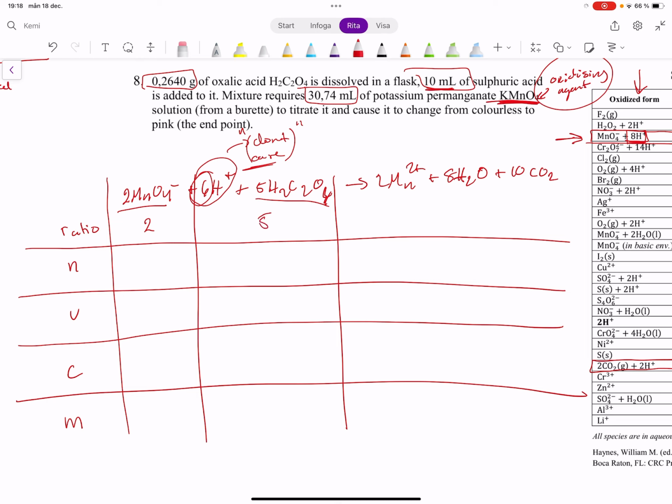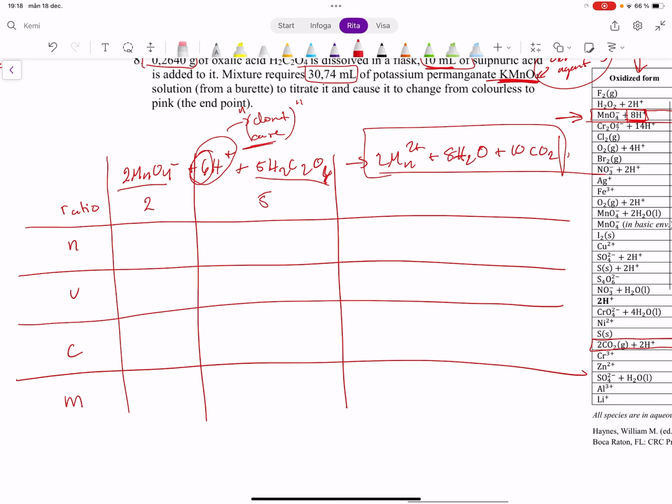We care about this ratio. So it's a 2:5 ratio between potassium permanganate and oxalic acid. And this reaction right here, I don't really care about, or the products.